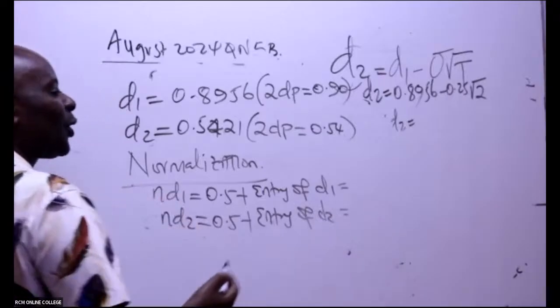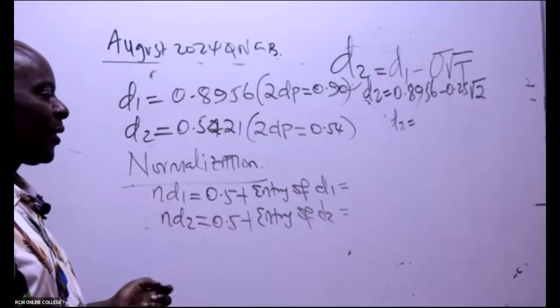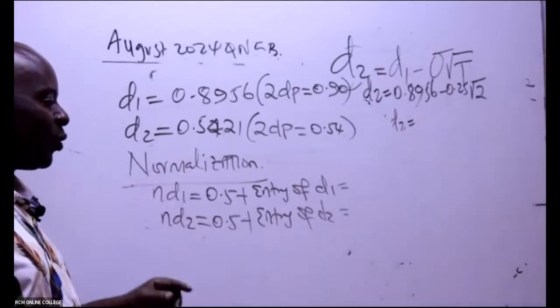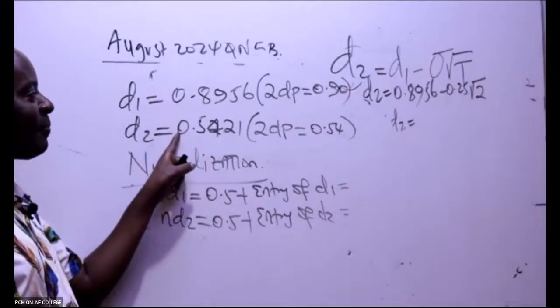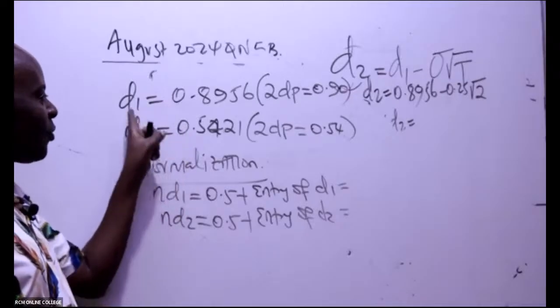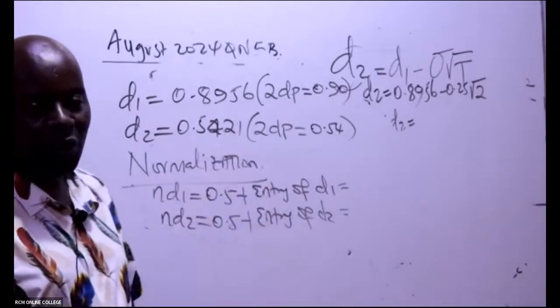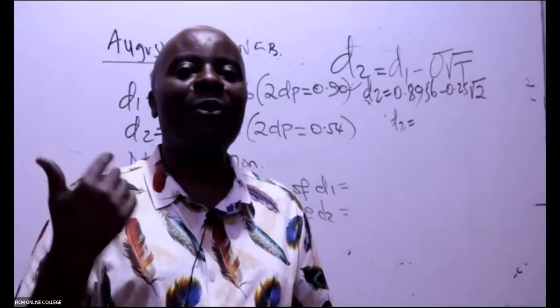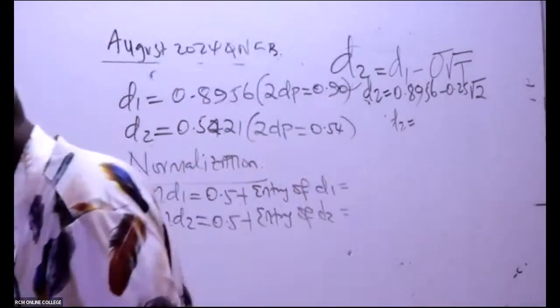If you're using a calculator, it's quite fast. Why am I saying plus? Because the figures are positive. If any figure was negative, assuming D1 was negative, then I would have said 0.5 minus entry of D1. Our figures here are positive.